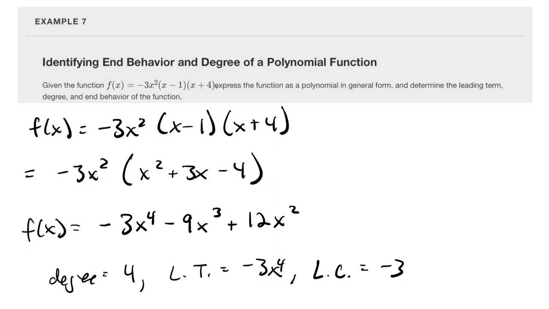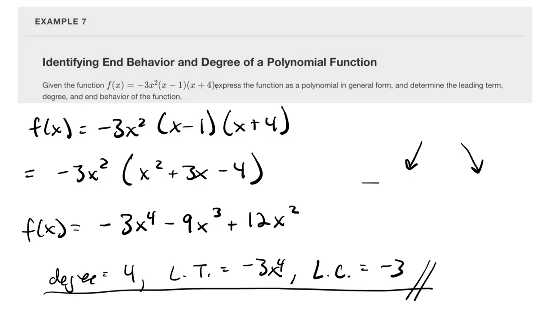So because our leading coefficient is negative, this graph should go down to the right. And because the degree of the polynomial is 4, which is even, that means the other side does the exact same, so it should go down to the left as well. Okay. So we got these results along with this.